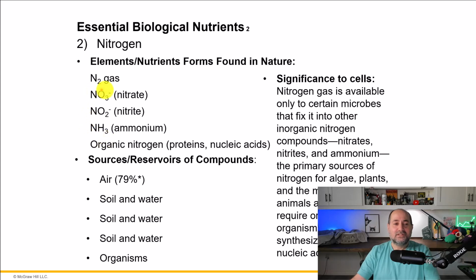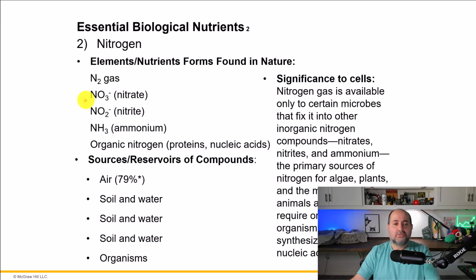But if you're a bacterium that lives in the soil, you can get it in one of these forms, or you could even capture it out of the air. It all depends on which organism you're talking about, right? But these are all sources of nitrogen for the different forms of life on Earth, if that makes sense.